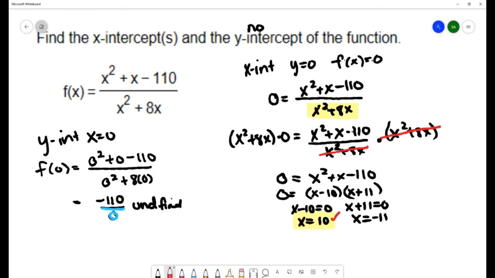And if we were to plug negative 11 into that denominator, would it give us a 0? And the answer is no. So these are both valid x-intercepts of the function. So we have an x-intercept at (10, 0), and another one at (negative 11, 0).